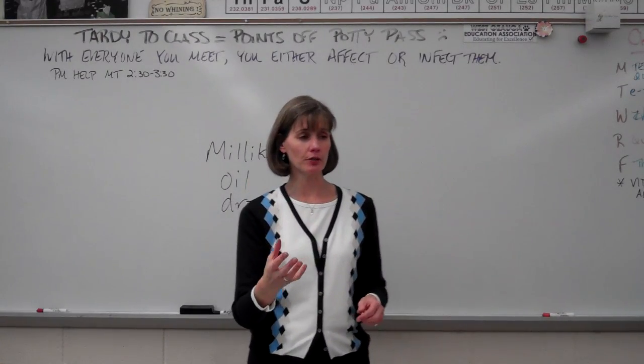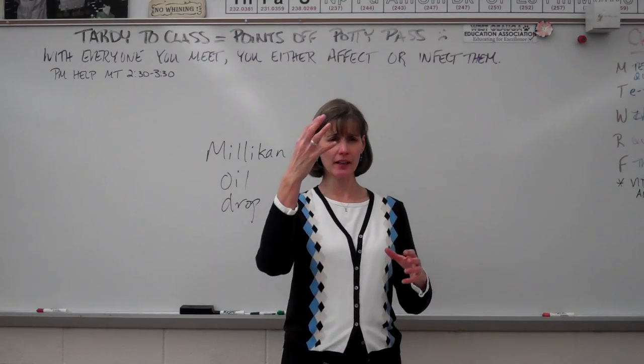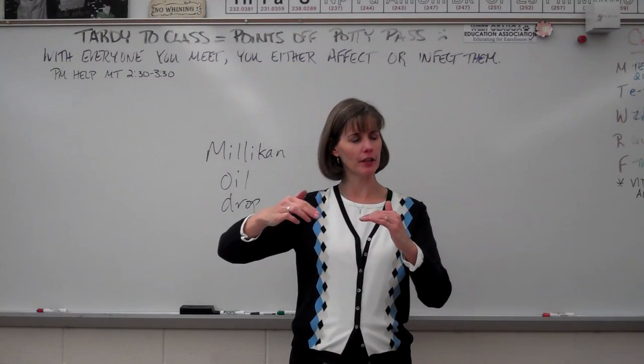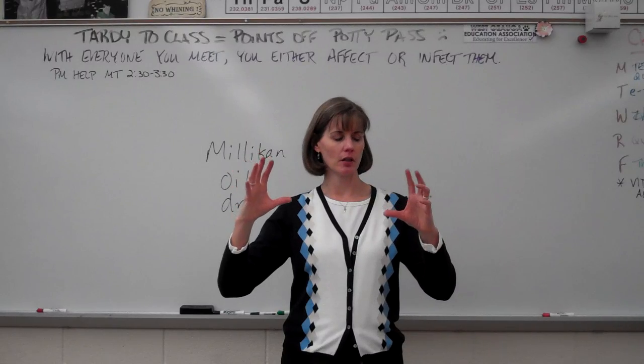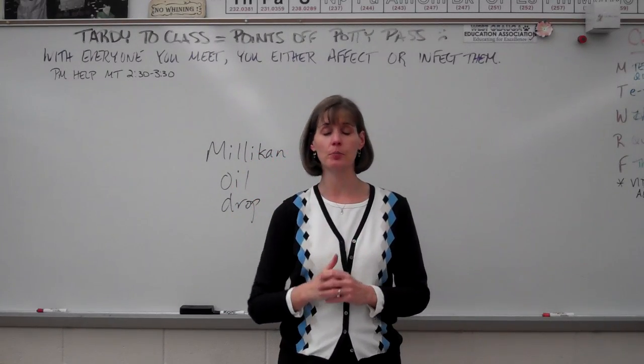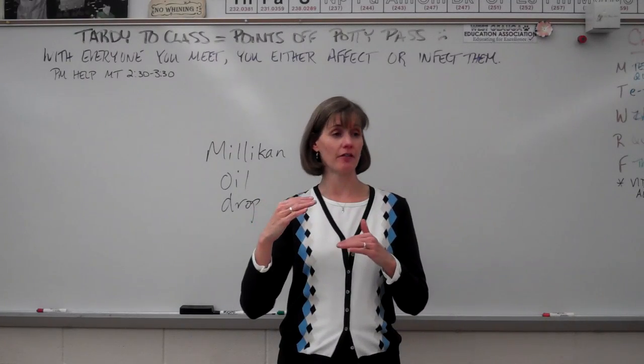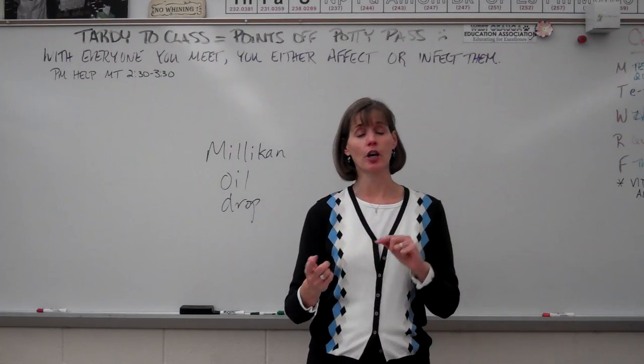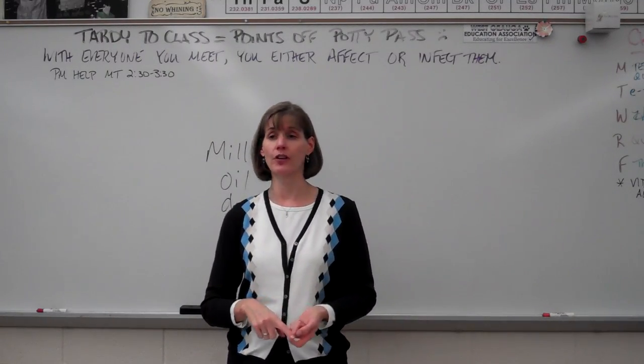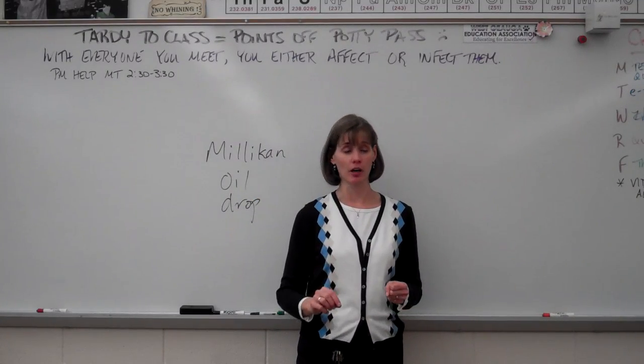Millikan, through the oil drop experiment, by stopping a drop from falling using the voltage across two charged plates, he was able to counteract gravity, use the charge to mass ratio to figure out the exact amount of charge.